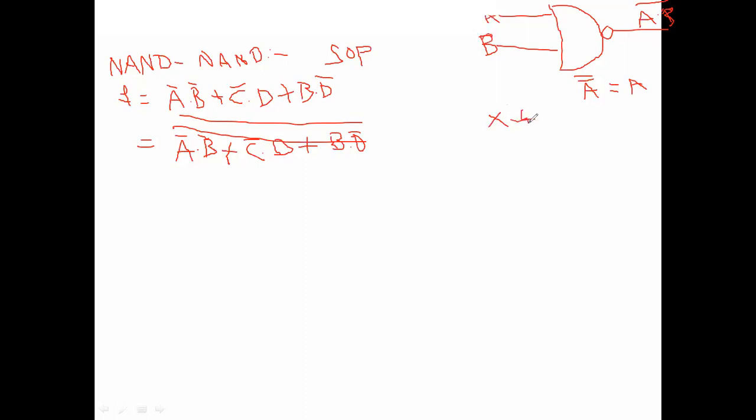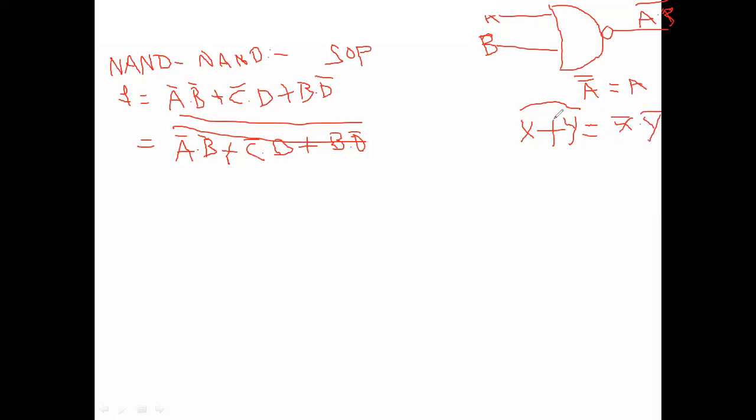Suppose we take any variables, x plus y whole bar. By De Morgan's theorem, x plus y whole bar is equal to x bar dot y bar, just as A plus B whole bar equals A bar dot B bar.